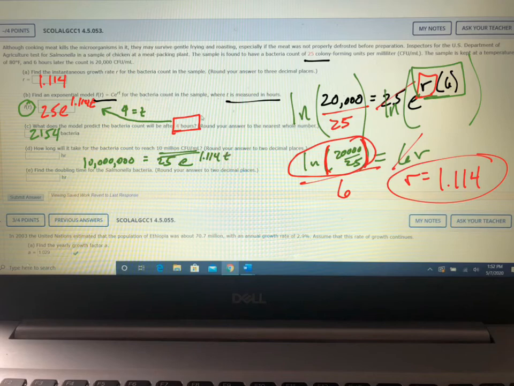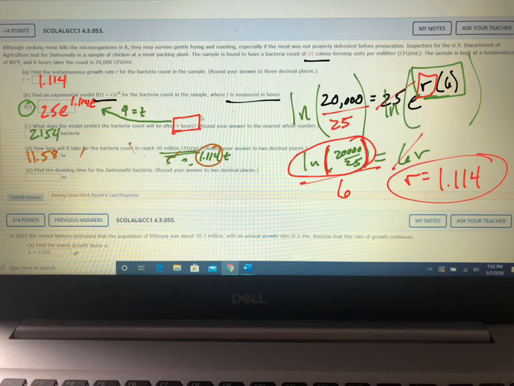Now we're going to divide both sides by 25, then take the natural log, and then divide by 1.114. In your calculator, very carefully plug in that entire expression, and your answer here would be 11.58 hours, rounded to 2 decimal places.